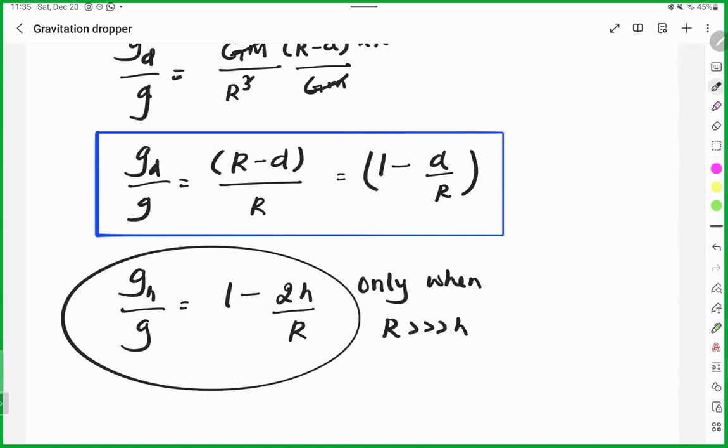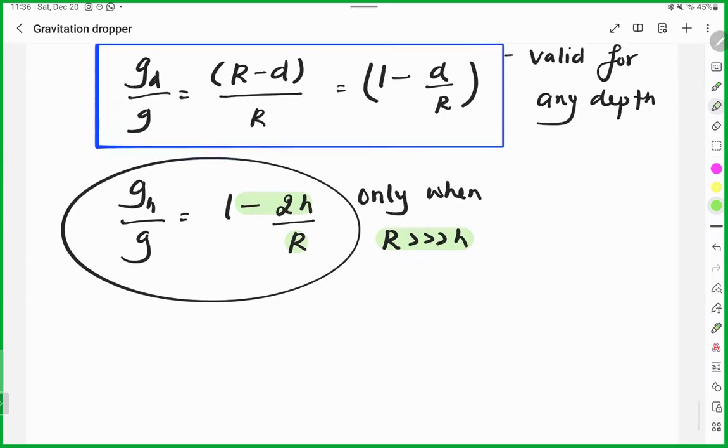But this is valid for any depth. This is the biggest difference. Valid for any depth because this is the right formula. When you take 1 minus 2h by R, this is a special case. Makes sense? This is a special case and depth is the real formula. Got it?